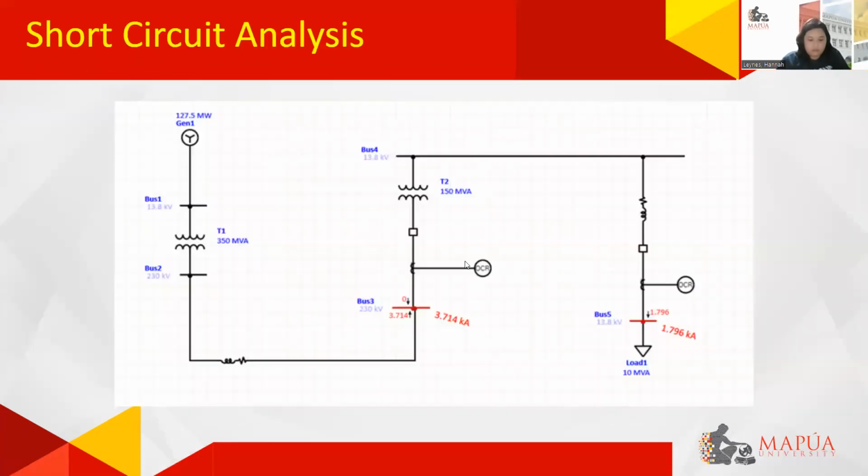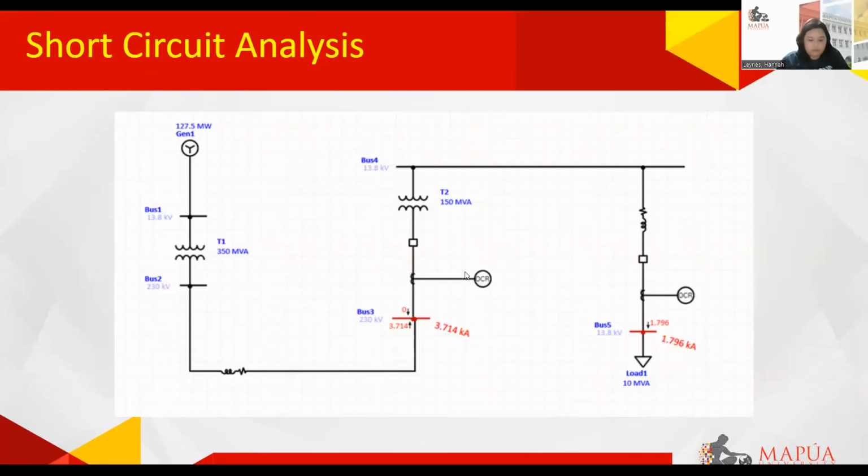Then moving forward, we can see here how the group performed the short circuit analysis using ETAP. As I have said a while ago, we have 1,796 amperes for fault 1, and for fault 2, we have 3,714 amperes.